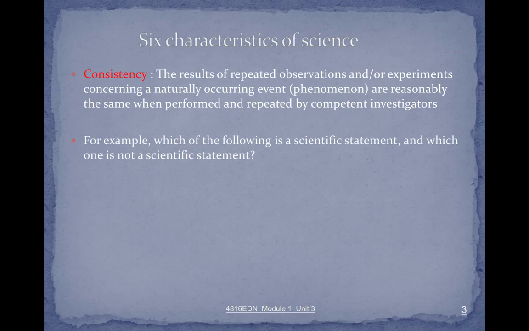So for example, which of the following is a scientific statement and which one is not? Out of these two, have a look at them. Green plants will grow towards a light source. Walking under a ladder will cause bad luck. Which one do you think? Can we test both of those for consistency?